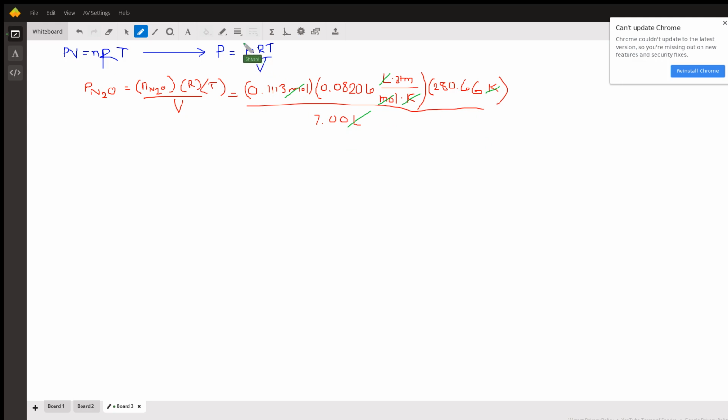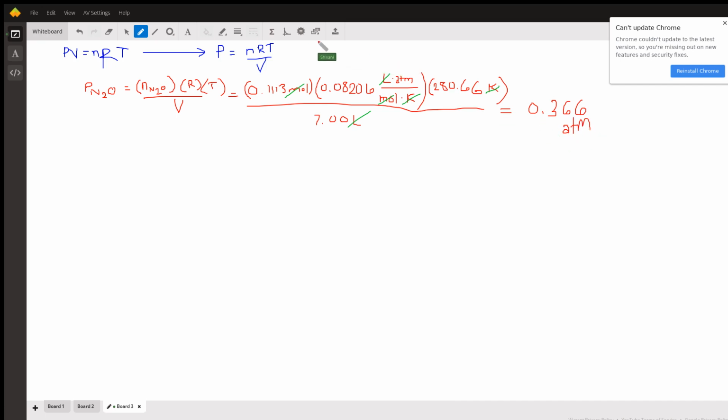So our final answer comes to 0.366 atmospheres.